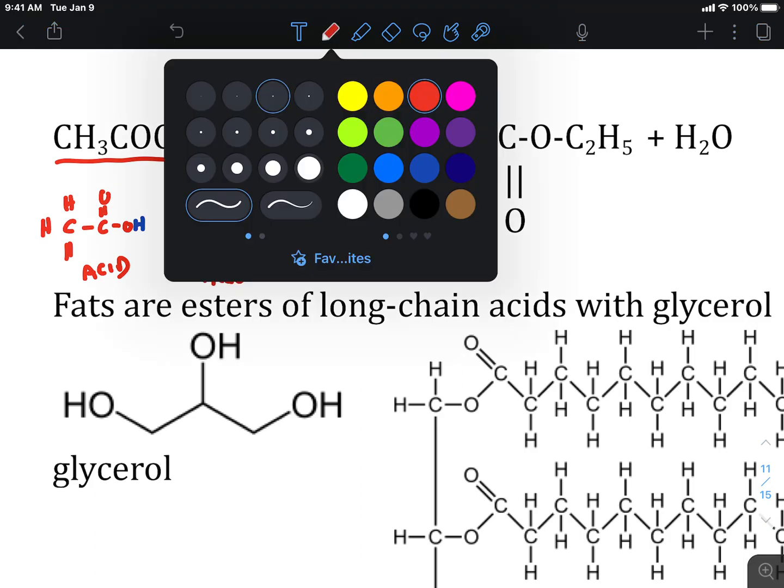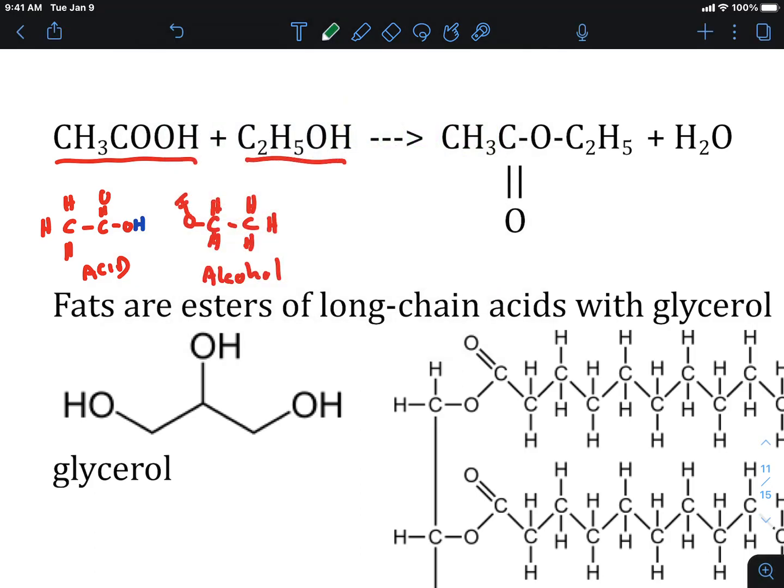What's going to happen here is that the hydroxyl group of the alcohol breaks off and binds to the hydrogen, the result of which is this. Water.